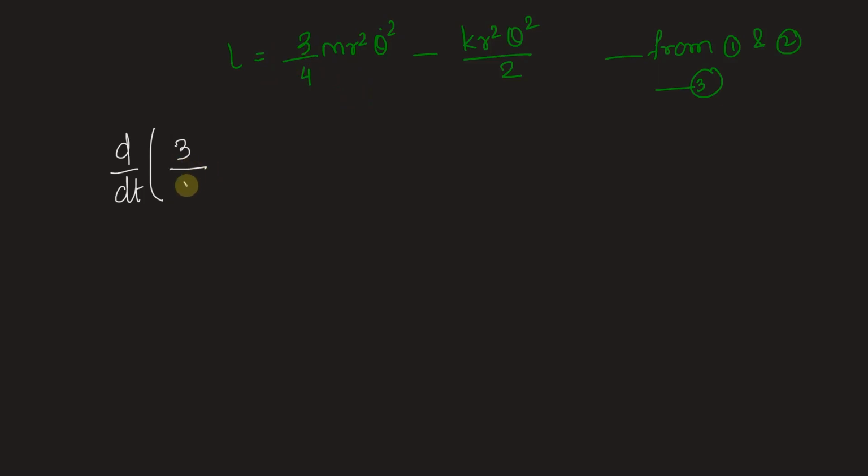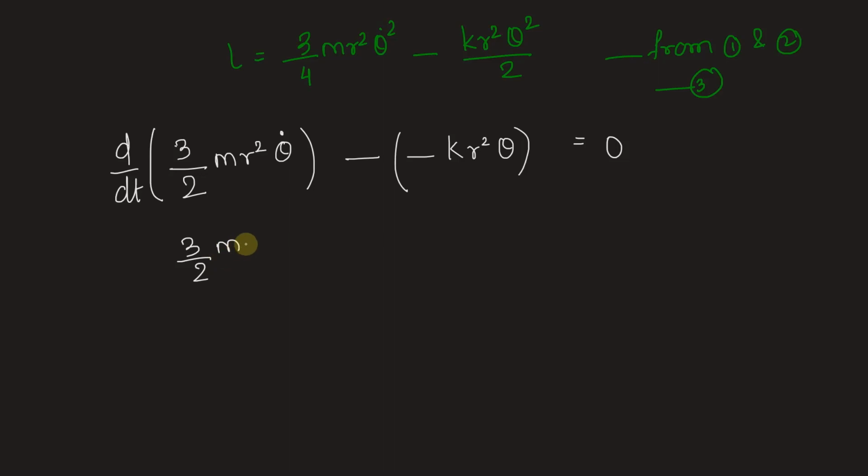So after dividing, the 2 gets cancelled with 4 and gives us 3 by 2 m r square theta dot, minus the derivative of the second term with respect to theta, which gives us minus 2 times k r square theta by 2. So we get k r square theta equal to 0. Again, taking the differentiation, we get 3 by 2 m r square theta double dot, as the derivative of theta dot is theta double dot, plus k r square theta equal to 0.